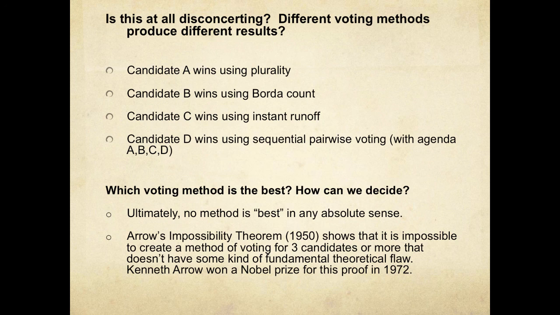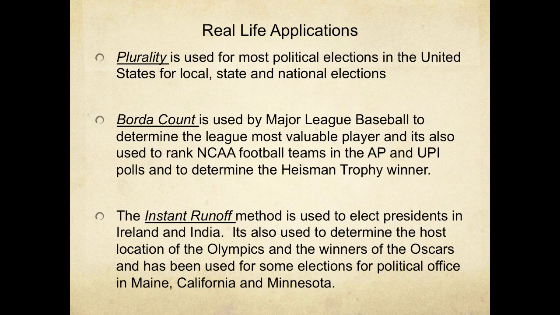And that's not just a condition of the voting methods that we've looked at so far, or that we know so far. It's fundamental to voting in any group with 3 candidates or more, that no matter what method you created, there would always be the theoretical possibility of a fundamental flaw in a violation of some basic conditions of fairness that I'll demonstrate more of. Kenneth Arrow won a Nobel Prize for this mathematical result in 1972.